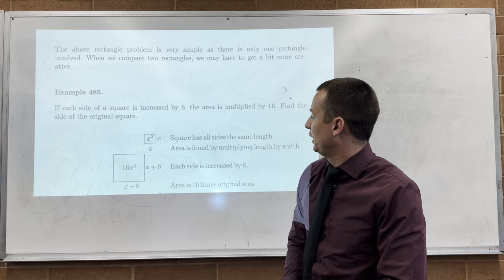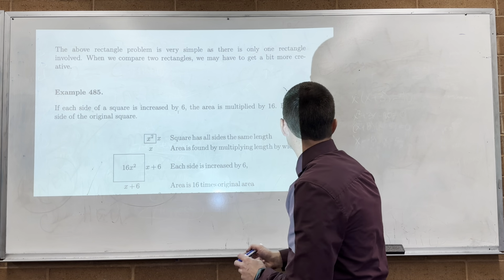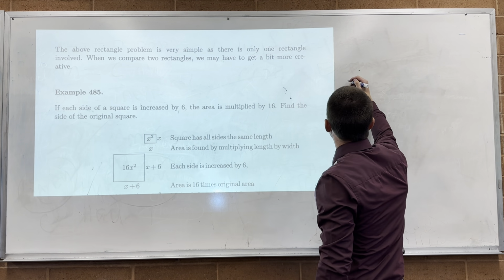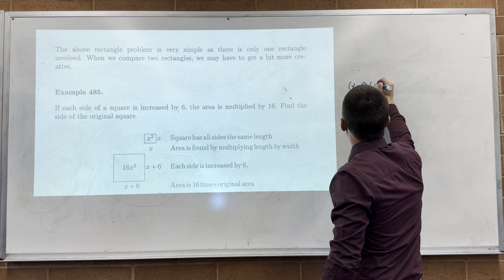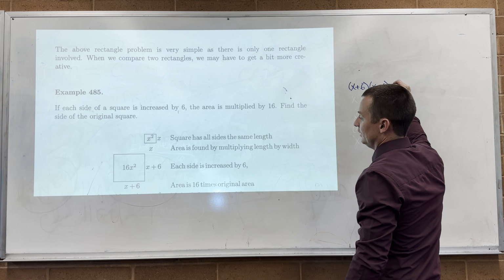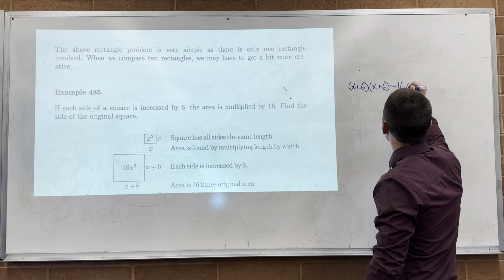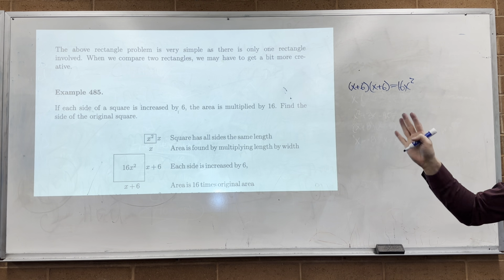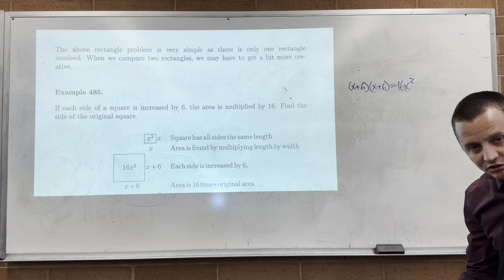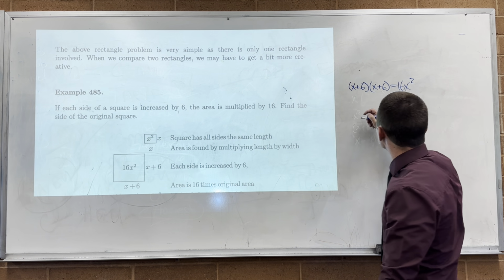So it sounds like a tricky question, but once you get this picture, it's real easy. All I'm looking at is x plus 6 times x plus 6 is equal to 16x squared. Multiply it all out, move everything to one side, you've got a quadratic equation. So multiplying this side out, what do I get?